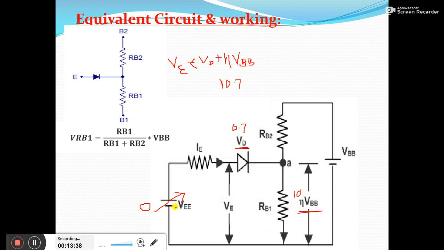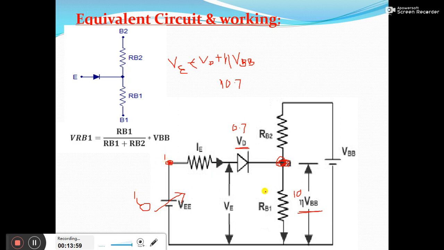Let's say its value becomes 1. 1 is again less than 10.7, so this diode is reverse biased, not forward biased. This diode is reverse biased because this potential is 10, and the potential here is 1 volt.